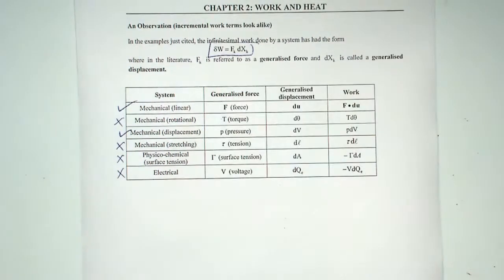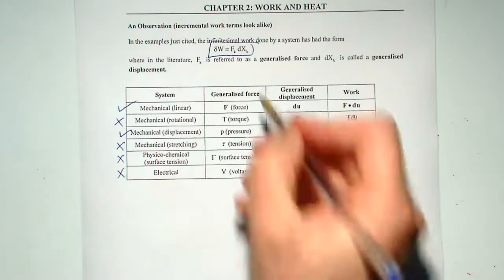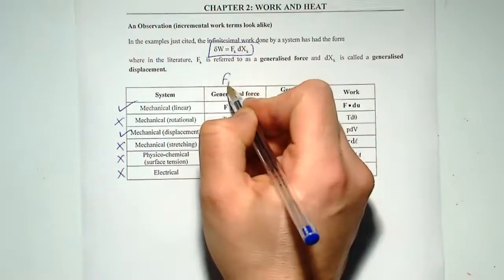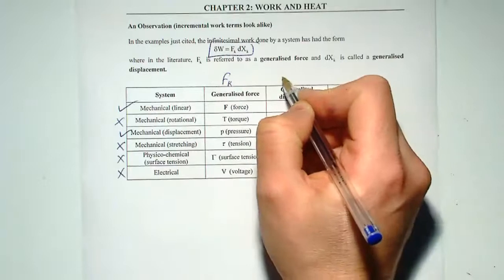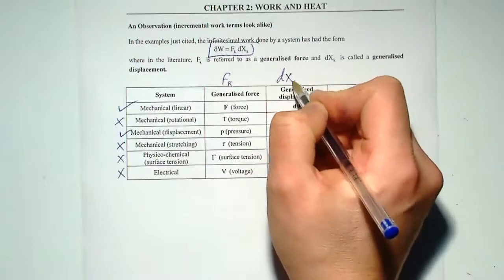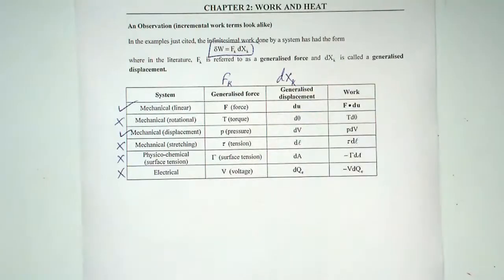In general, the change in work is equal to force, or something equivalent to force, times something equivalent to displacement. So this represents F_k, and this represents dx_k. When you look at different situations, all that's changing is really those parameters.